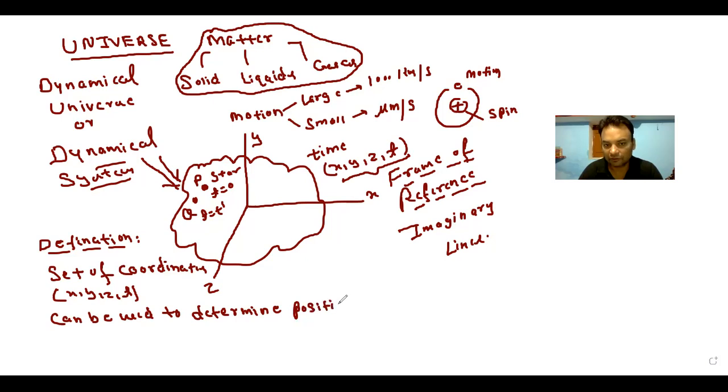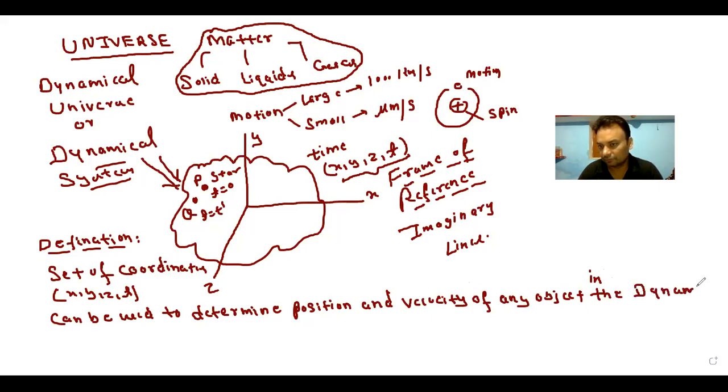Position and velocity of any object in the dynamical universe.